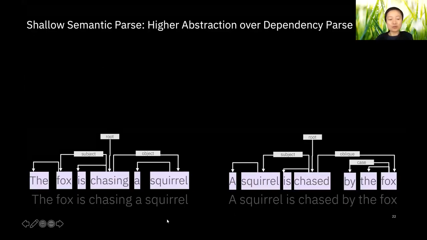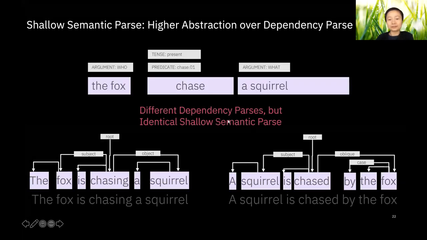Here I have two sentences that express pretty much the same semantic meaning, but if you look at the syntactic structure, it looks quite different, right? One is active voice, another is passive voice. So the surface form looks different.